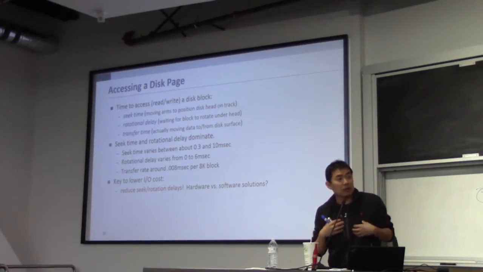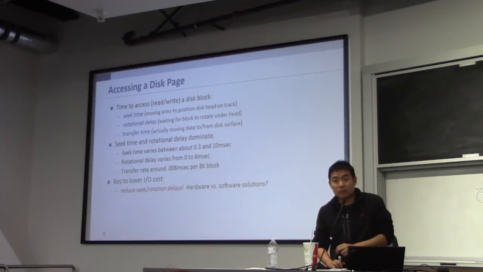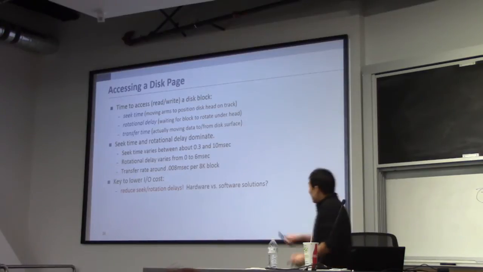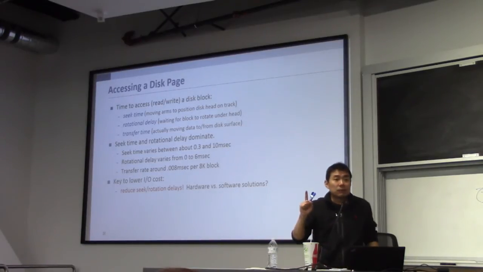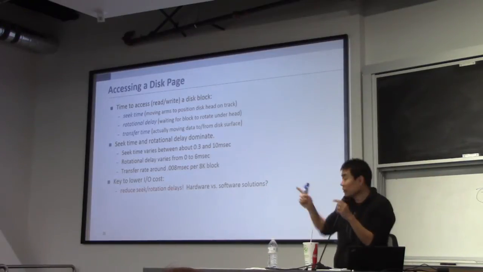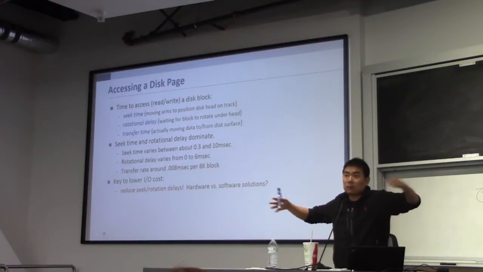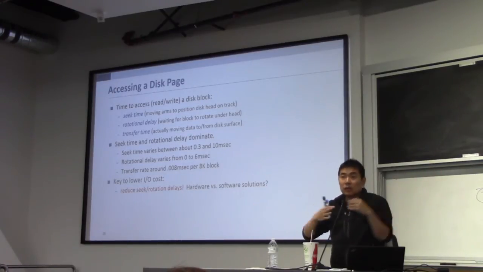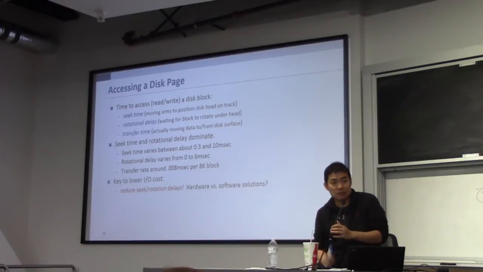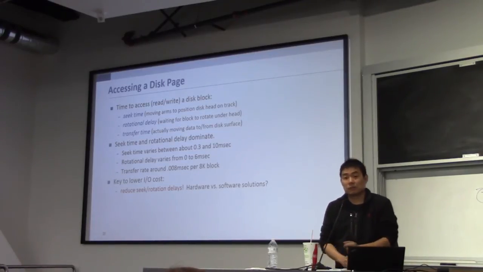So the bottleneck is typically not the transfer time, it's really those mechanical delays, seek time and rotation delay. Transfer time only matters if you're reading a large number of blocks, because this is a small value for one block, but when you're reading tons of blocks, they accumulate to some value that might be significant. Does that make sense?